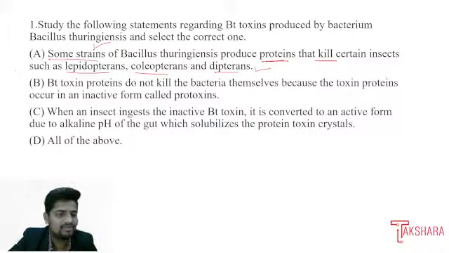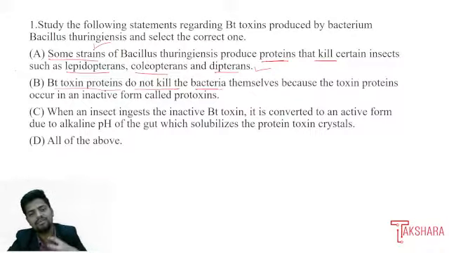And if you take the second one: the Bt toxin protein does not kill the bacteria themselves, because the toxin is produced in an inactive form, which we call the protoxin. So the Bt toxin protein will not kill the bacteria themselves.